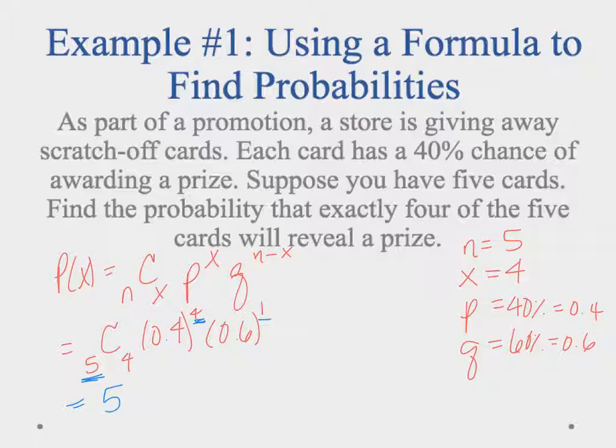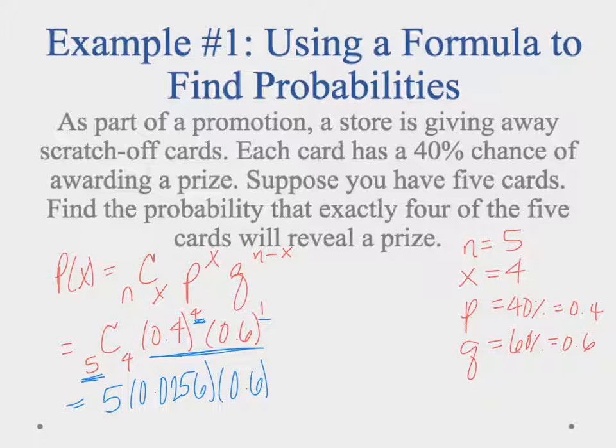And then 0.4 to the 4th power is going to be 0.0256. And then 0.6 to the first power is still 0.6. Now, by the way, normally I would not write these out because a lot of times your decimals are going to repeat. So I would have just typed this whole part into the calculator to multiply together.